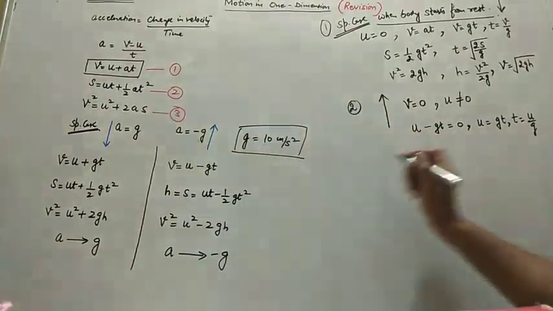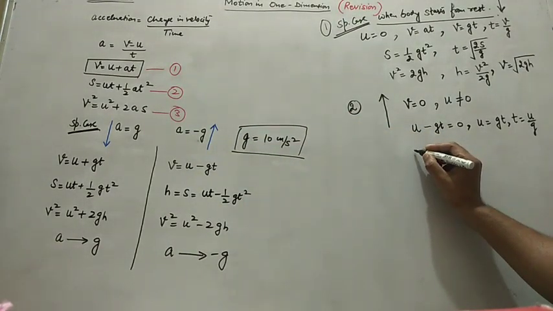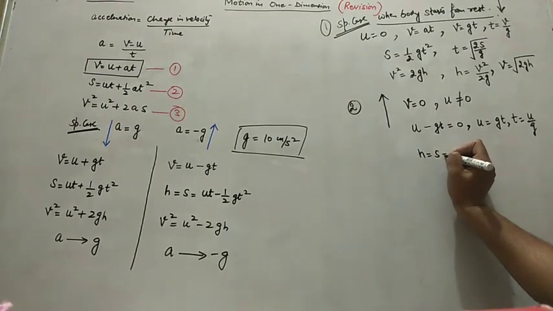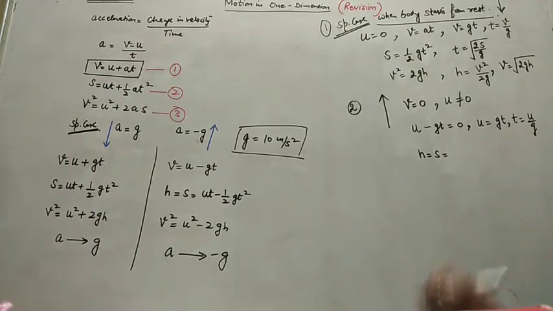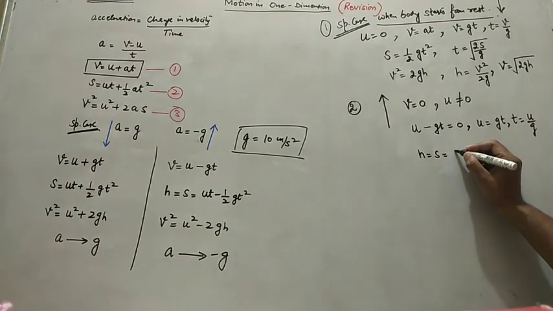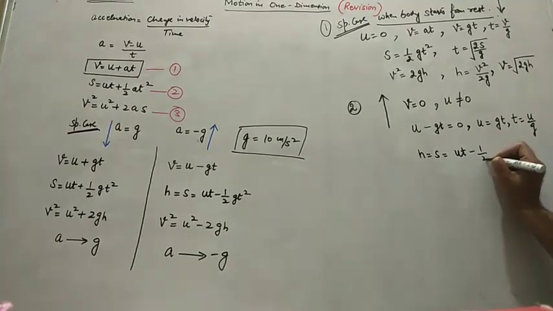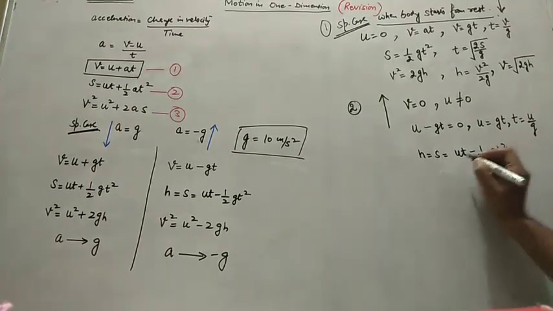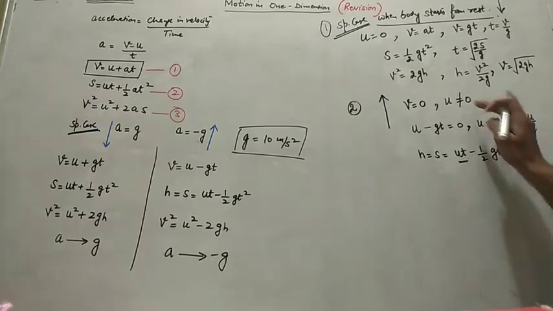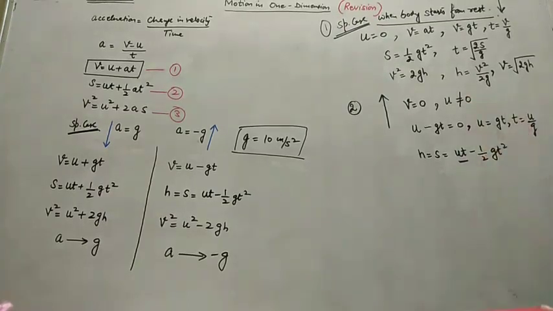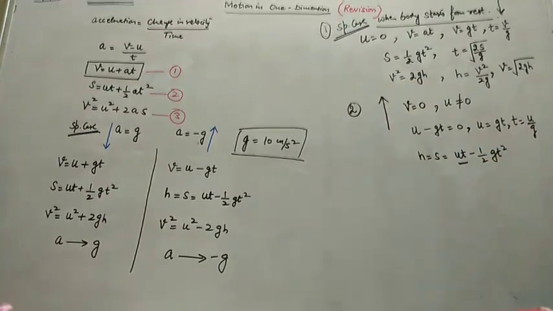Second equation, h or s, one and the same thing: s is equal to ut minus half gt square, because this u I can't take as 0 for the vertically upward motion.